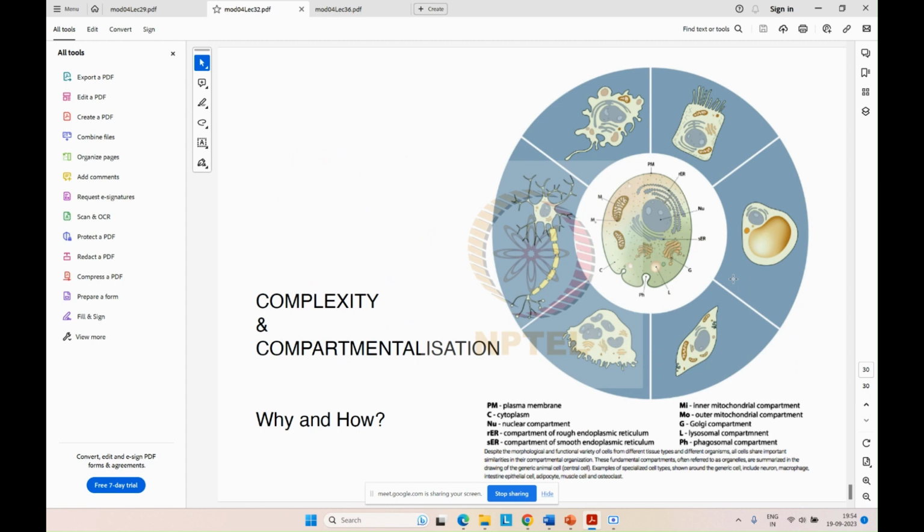Now, coming to the complexity of the cells, and why there was a need for compartmentalization.